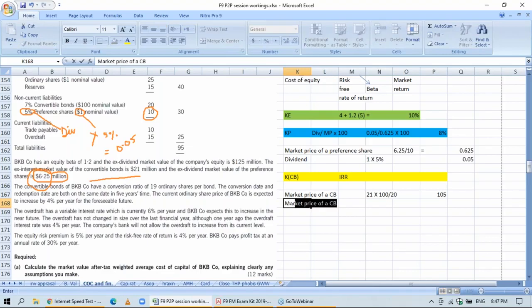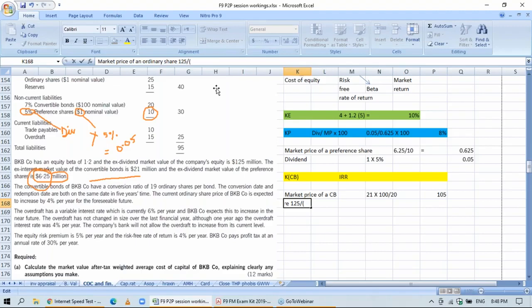Now, market price of an ordinary share. Now, why I'm calculating these values, I'll let you know in a short while. So market price of an ordinary share: 125 million is the market value of all the shares, and in total the capital is 25 million and each share is of $1.